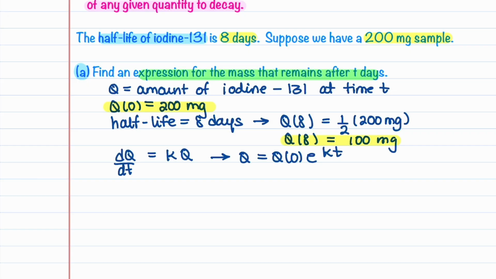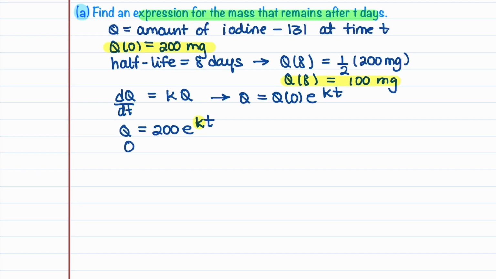We know what Q0 is, so we can plug that in, and we can say that Q is 200 times e^(kt). Now all we have to do is find k, and we can use that Q of 8 is equal to 100 to get that. Q of 8 is then 200 e^(k times 8), and that is equal to 100.